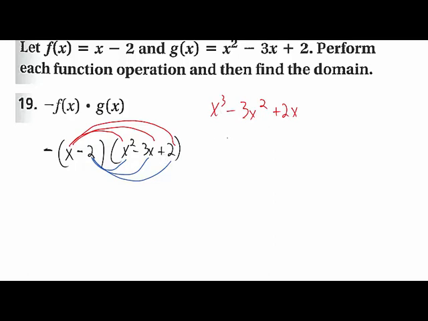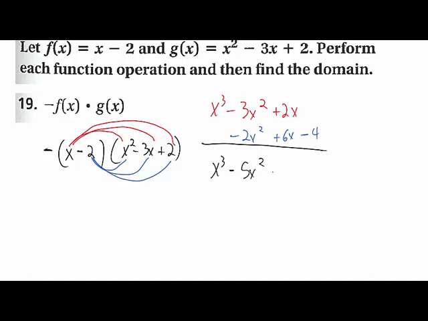And because these are in descending order, if I do the little blue, you get negative 2x squared plus 6x minus 4. You could write them side by side and circle the like terms, but if you organize it this way, it just makes it easier to see which like terms combine.